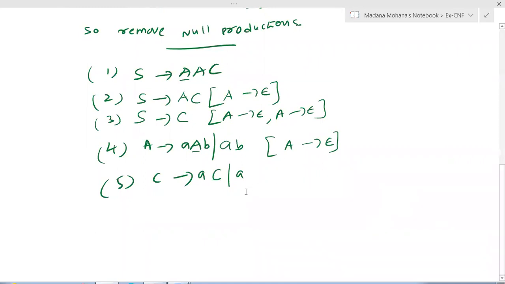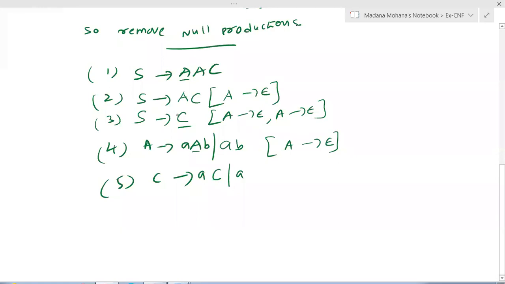So now from the resultant grammar, you can check unit productions. This also you can identify easily by seeing a single variable in the right hand side. Now you can see the S productions. Here we have S derives C. This is a unit production. Then A derives, here we don't have a single variable in the right hand side. C derives, we don't have a single variable in the right hand side.